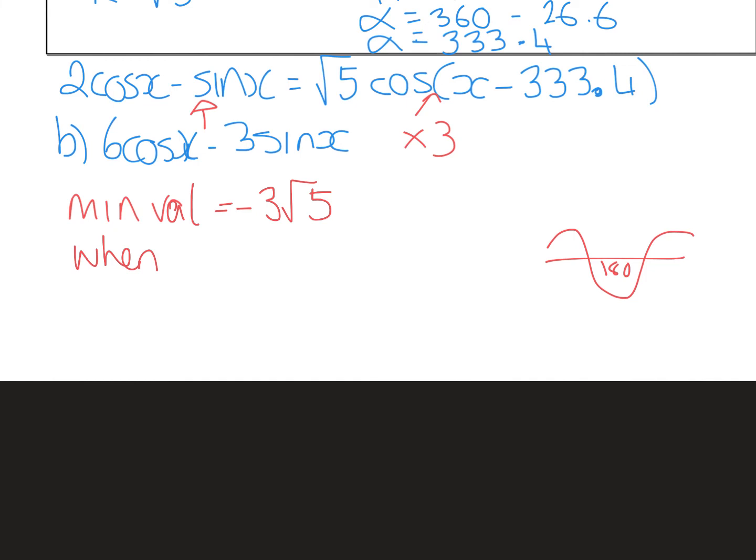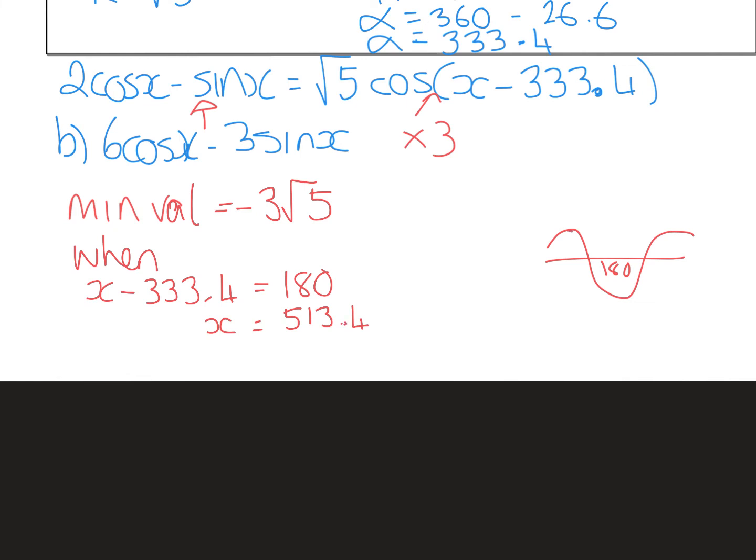Obviously, we've got to take in our movement. So it's when your bracket minus 333.4 equals 180. Now, when you take this over and you add that 333 to the 180, gives you 513. Now, that's too big. It's beyond the 360.